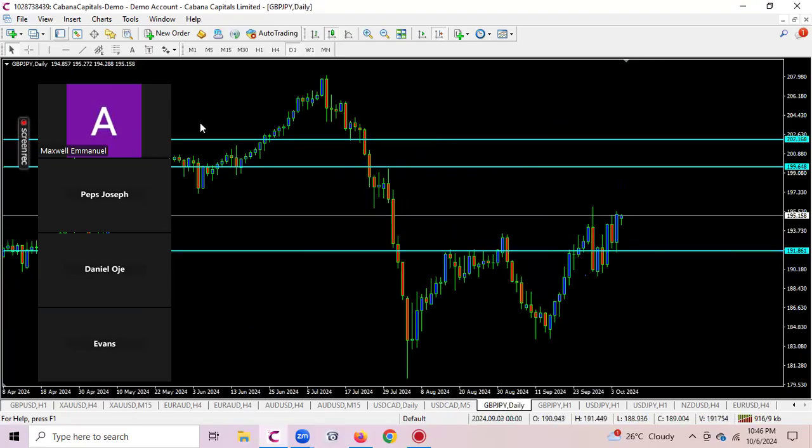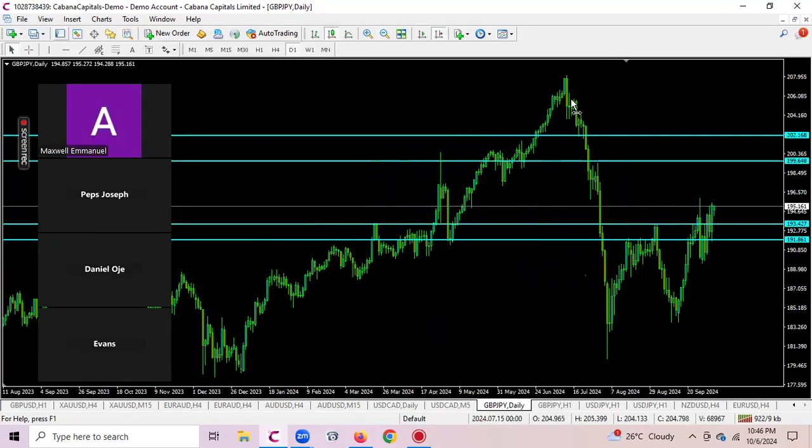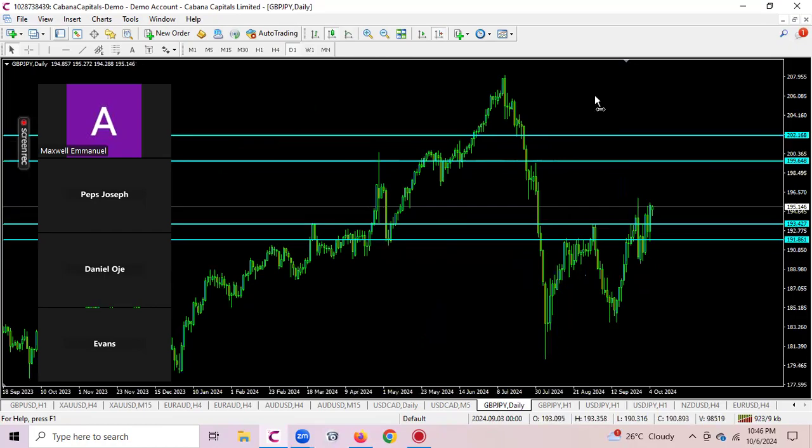Price has closed above this high, giving us a new high. That's a break of structure. So it's bullish at the moment.